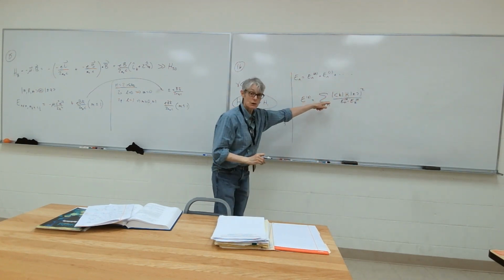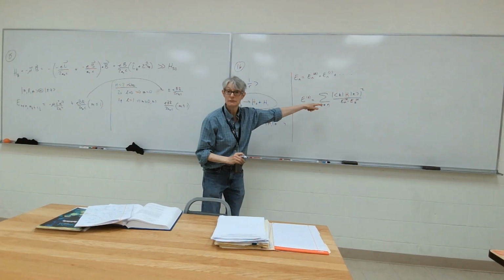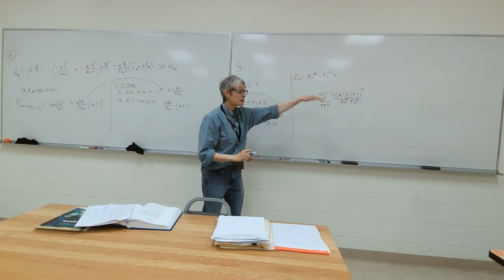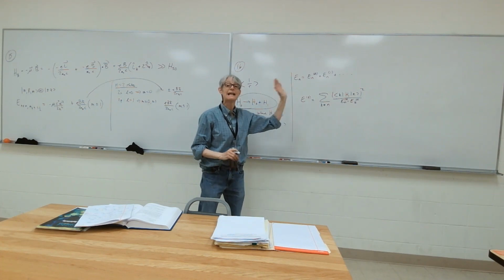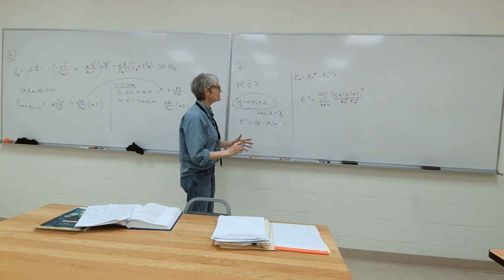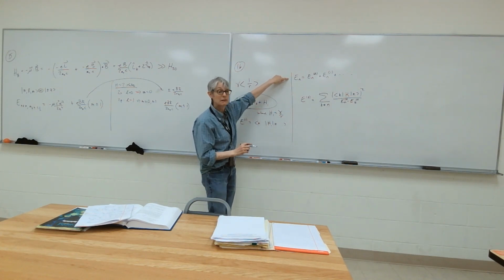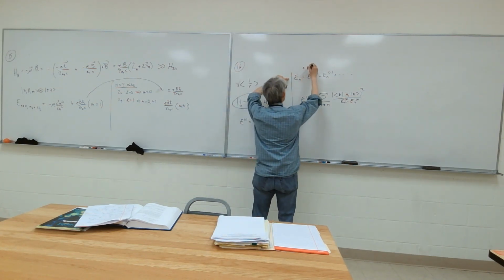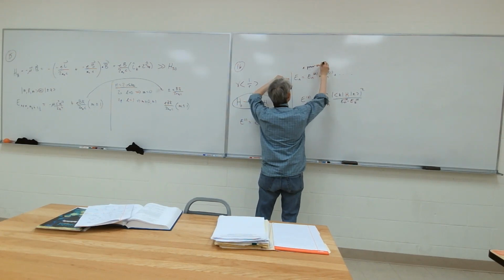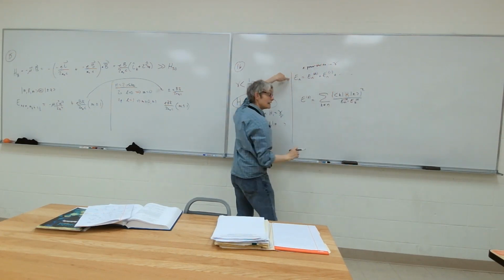And you can see that this goes like gamma squared. Everybody okay with this? And higher order terms will go like gamma cubed, and so on. So you can see that this is a power series in gamma. I hope that's clear.